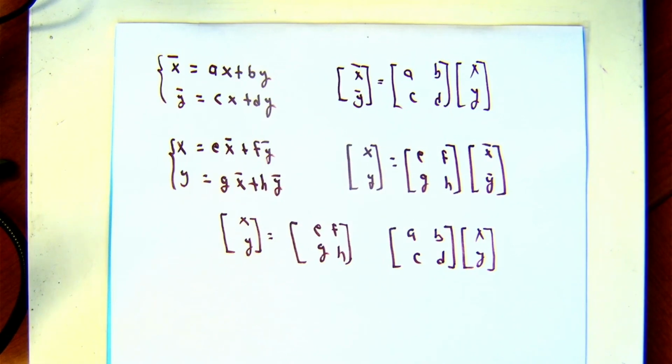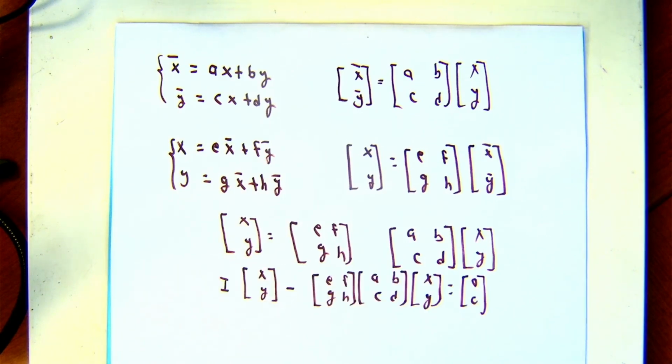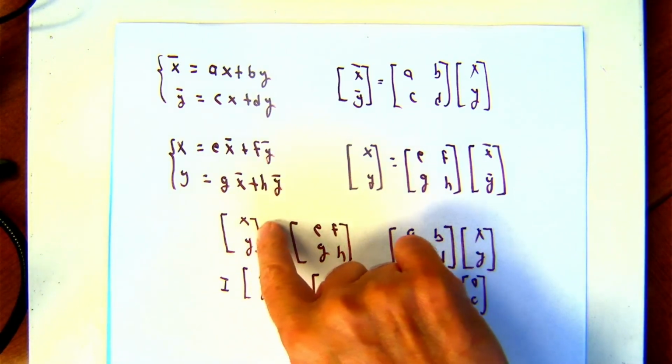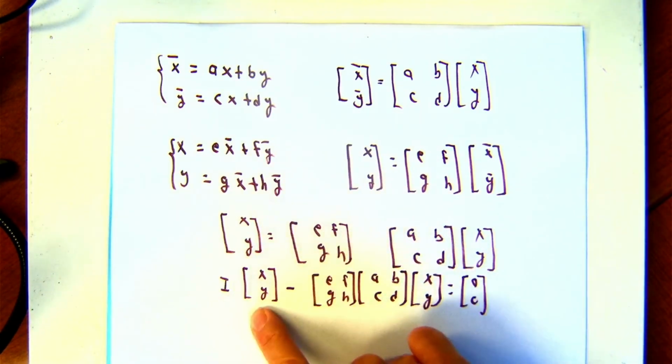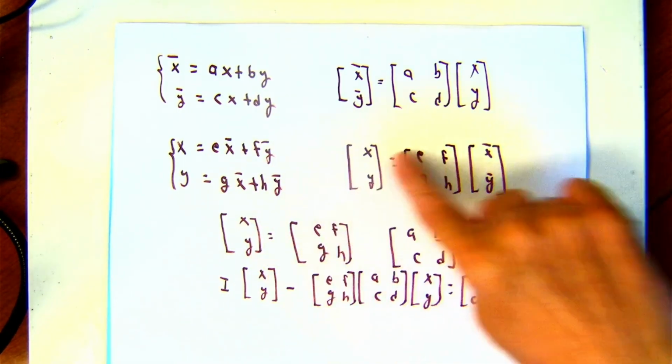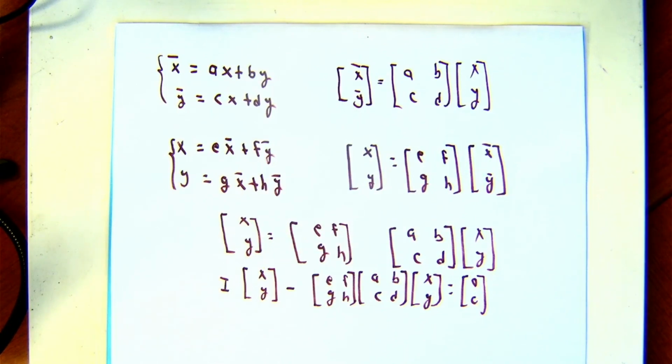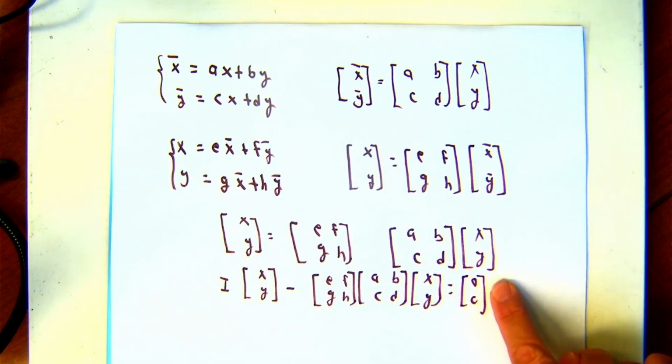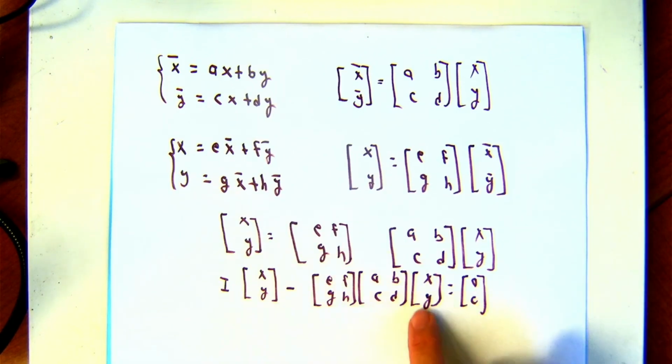So I can write that down. xy is the identity matrix times xy. xy equals this. So if I subtract the right-hand side from both sides, the result on the right must be 0. Both matrix column vector terms have xy as a factor on the right, so I can factor it out.